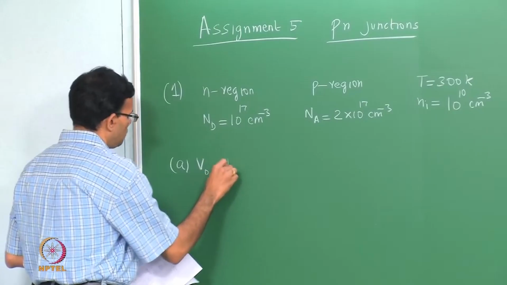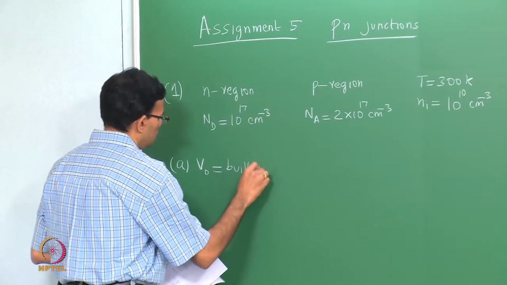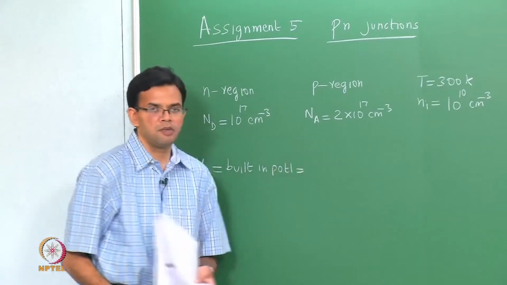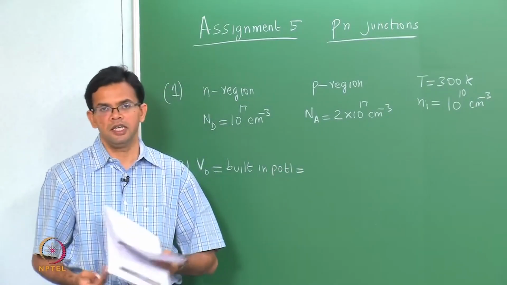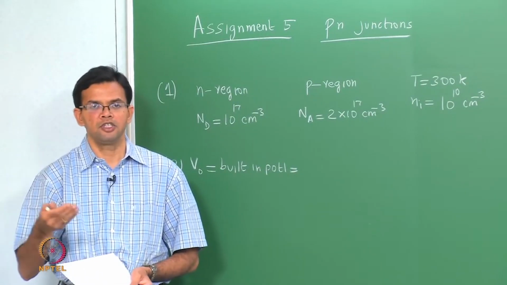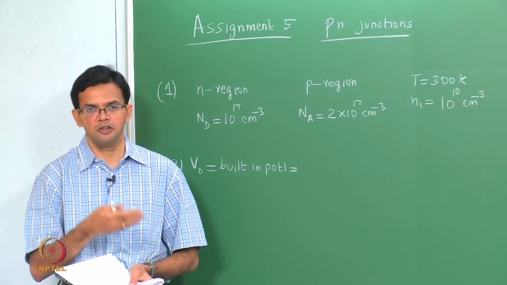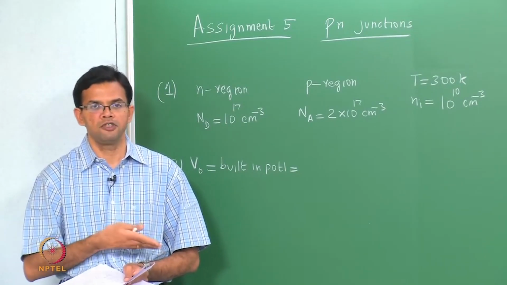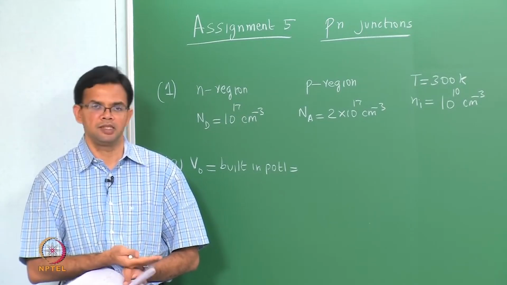V naught is the built-in potential. It is the potential when the junction is in equilibrium, and this forms because we have electrons from the n side moving into the p side. This is a diffusion current. We have holes from the p side moving to the n side.